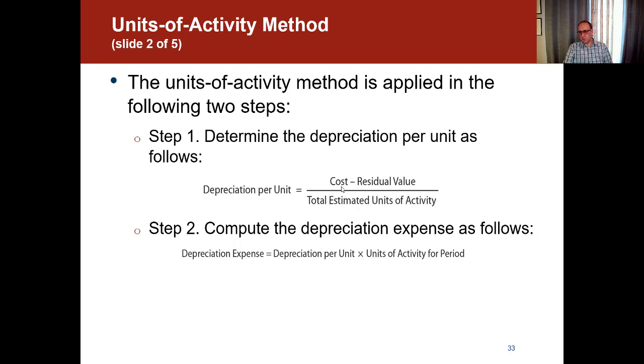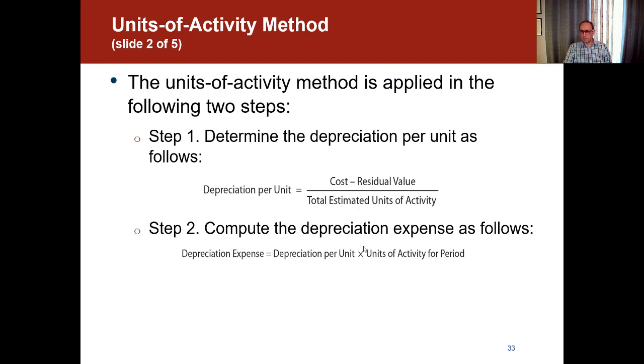And again, remember, by cost we mean the historical cost, how much we paid in order to acquire that fixed asset, minus the residual value or the scrap value, how much we expect to sell it for when it retires. And then we divide by total estimated units of activity. So that's the only difference between the straight line method and the units of activity method.